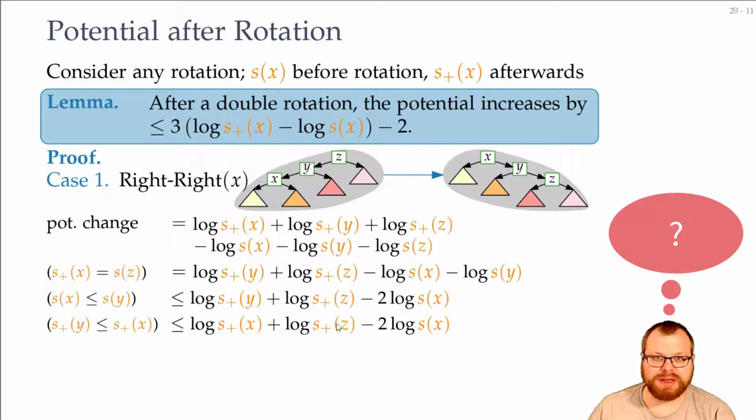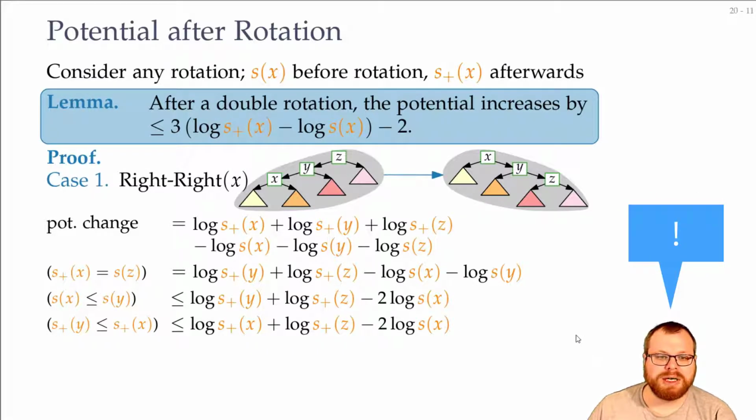Can you find something that we can do now to get from here to here? We want to look at this subtree here, the green part, which contains x and the yellow and the orange tree. That is the green part here. Then we have the purple part here, which contains z, red and pink.